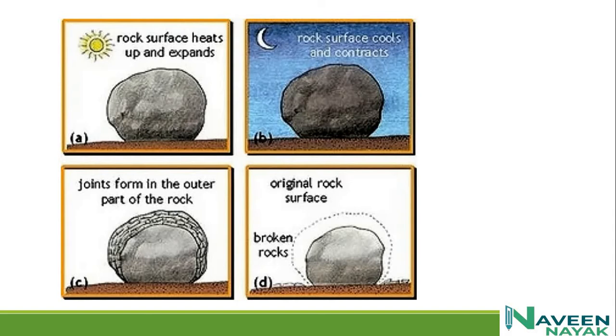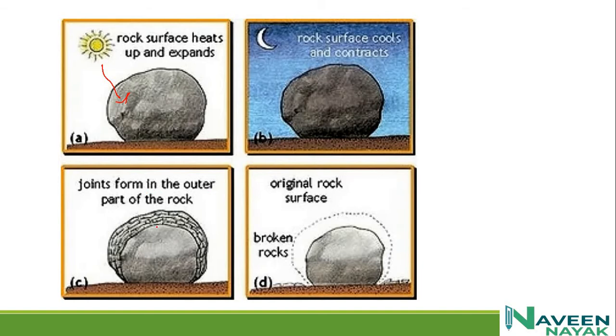You can see here the thermal expansion and contraction process, how we see it in the daytime. The sun's heat will be absorbed by the rock. The rock surface heats up and expands. In the night, the rock surface cools and contracts, and joints form in the outer part of the rock.